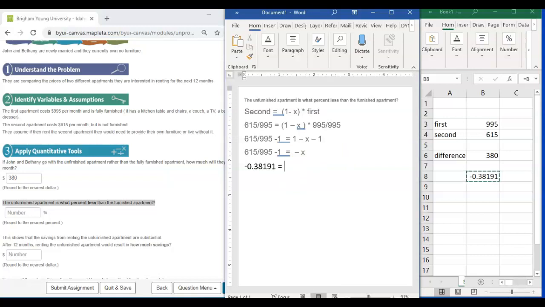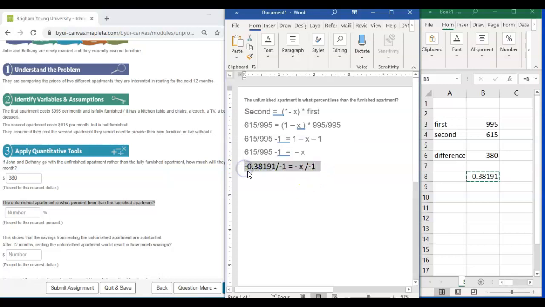Negative 0.3, and this is negative x. And then we just need to divide both sides by negative 1. Divide this side by negative 1, which makes this positive because negative divided by negative is positive, and again negative divided by negative is positive.